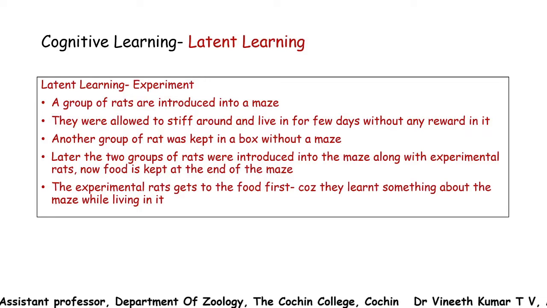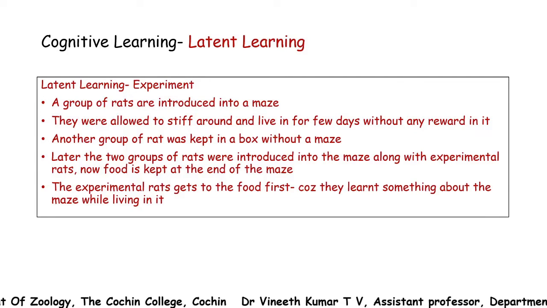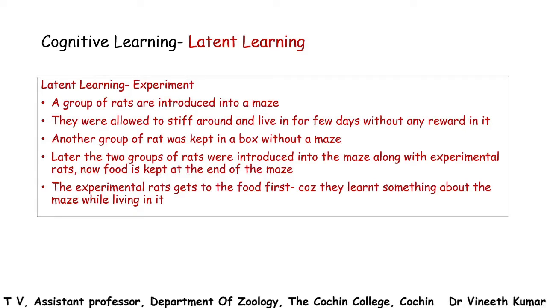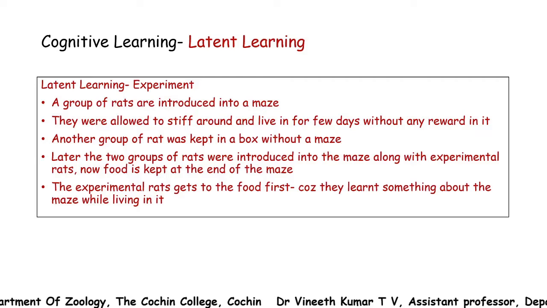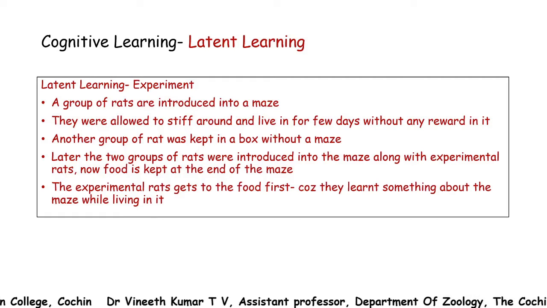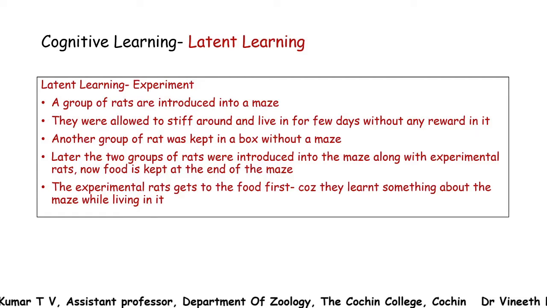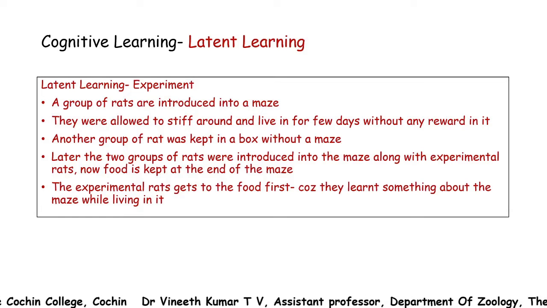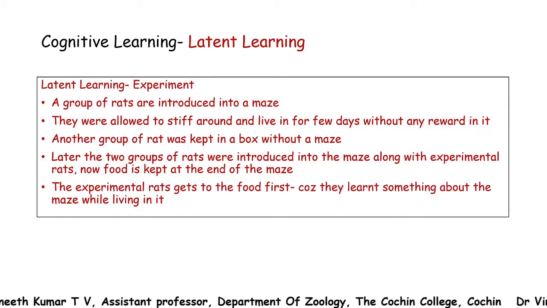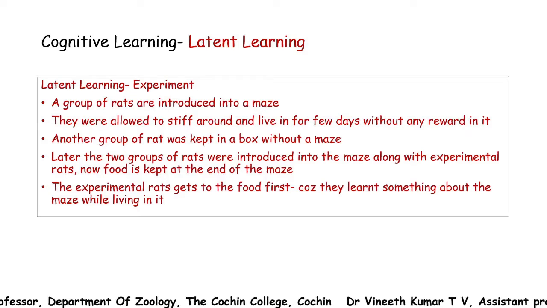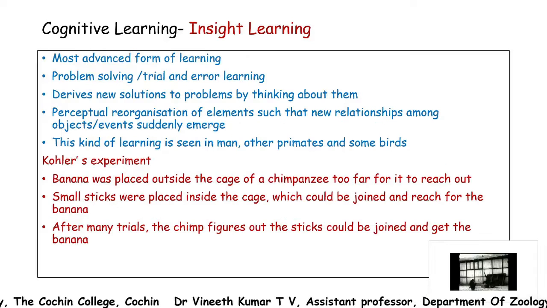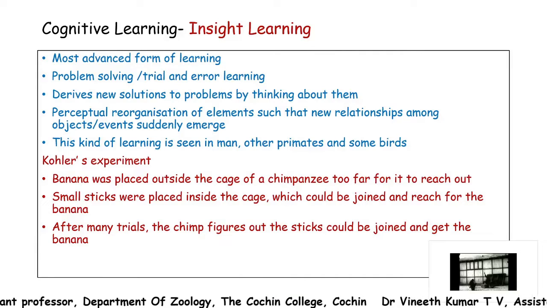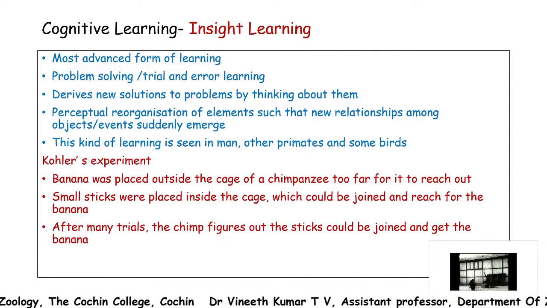As a result, when they were put in the maze with the other group, this group reached the other end first. So the experimental rats got the food first because they learned something about the maze when they lived in it, and this is what is called latent learning, or hidden learning.